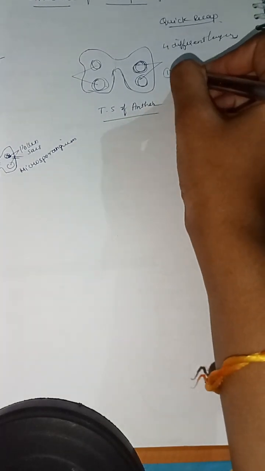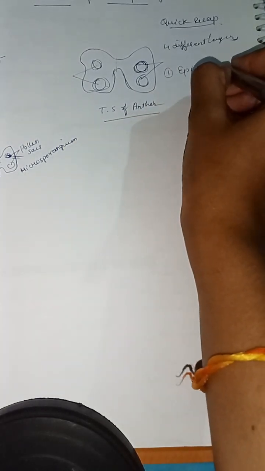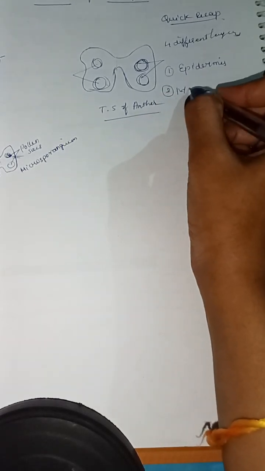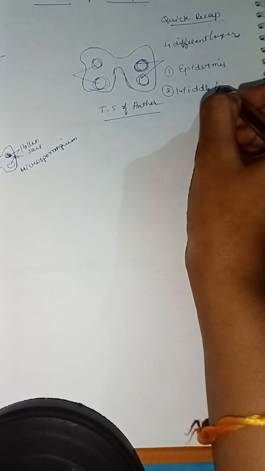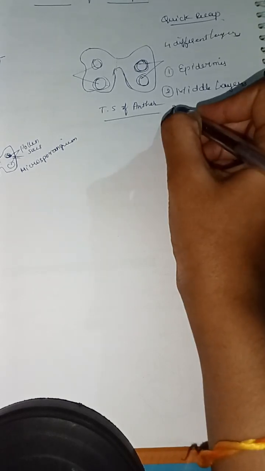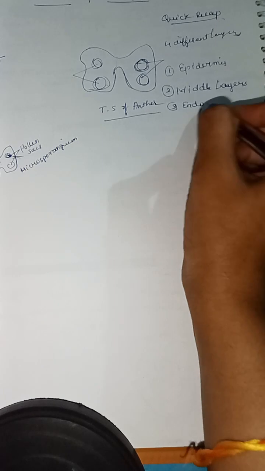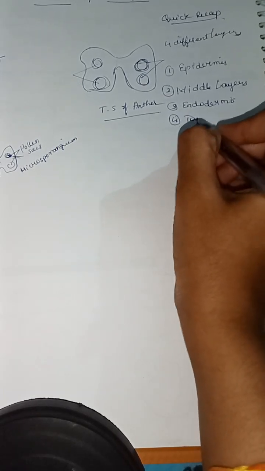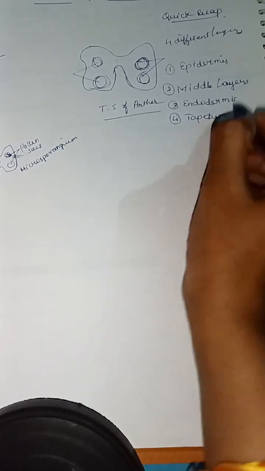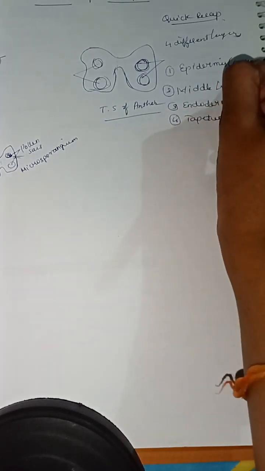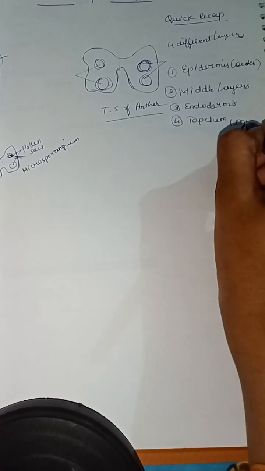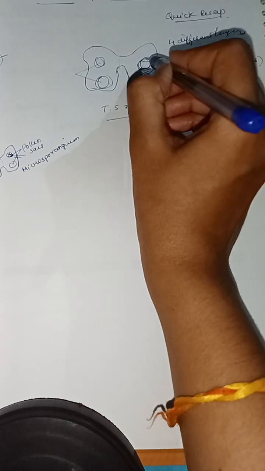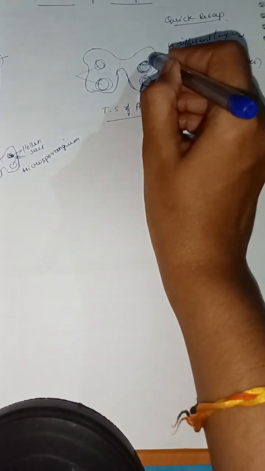The four different layers are named: first, epidermis; second, middle layers; third, endodermis; fourth, tapetum. Epidermis is the outermost and tapetum is the innermost, and in between we get the other layers.